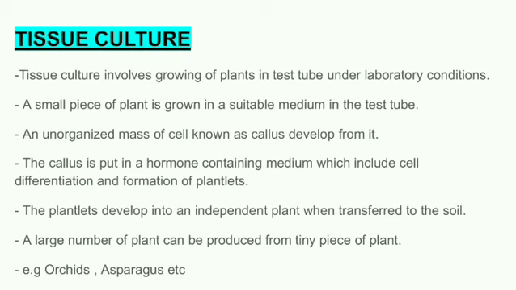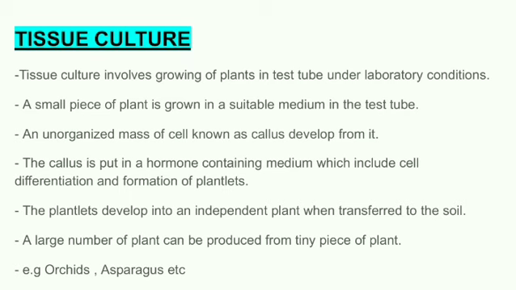Now what we do is take a small portion of the plant in the test tube. And in the test tube, we have added a medium. What is a medium? It is a solution which helps in the development of the plant.